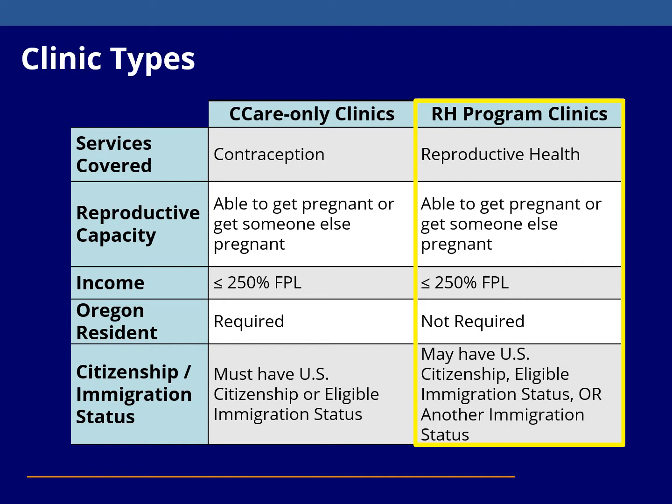They do not need to be an Oregon resident, and they can either have U.S. citizenship, eligible immigration status, or another immigration status. Now, I recognize that the terms eligible immigration status and another immigration status mean nothing to most people, but I will explain them later in the video.